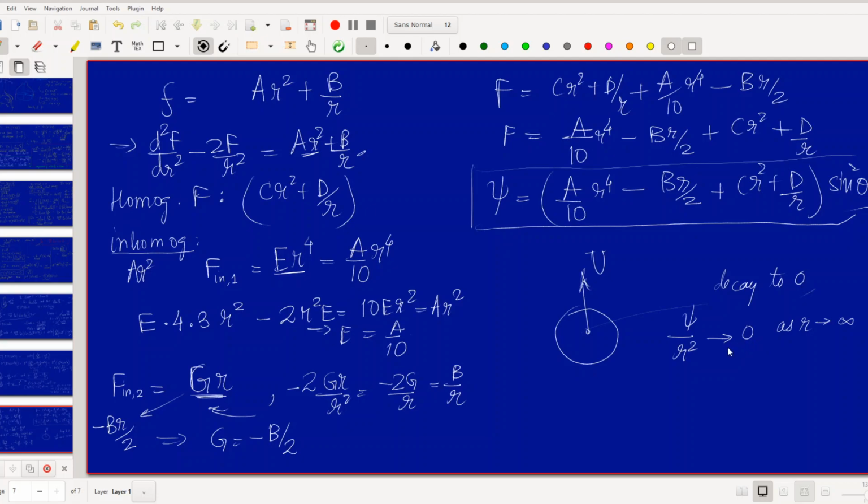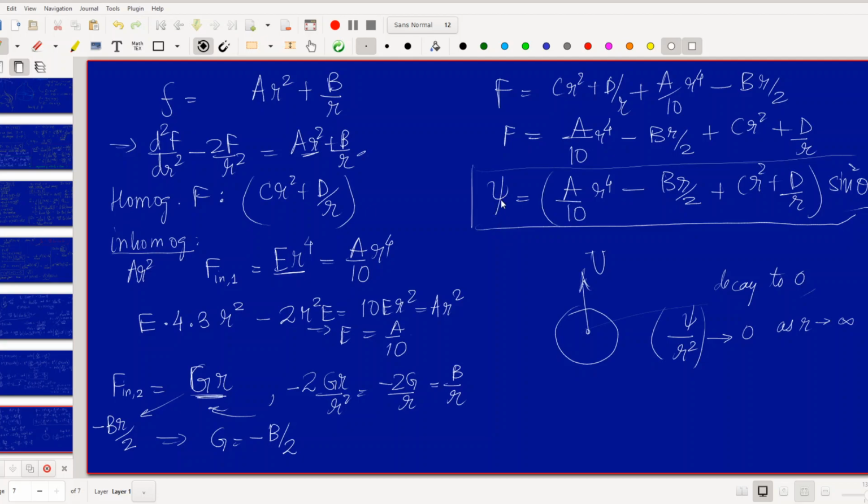Any other term in psi upon r square which is proportional to r, for example, or some constant, that particular term has to become 0. Otherwise, that particular term will not decay. So essentially what you can do is very simple.